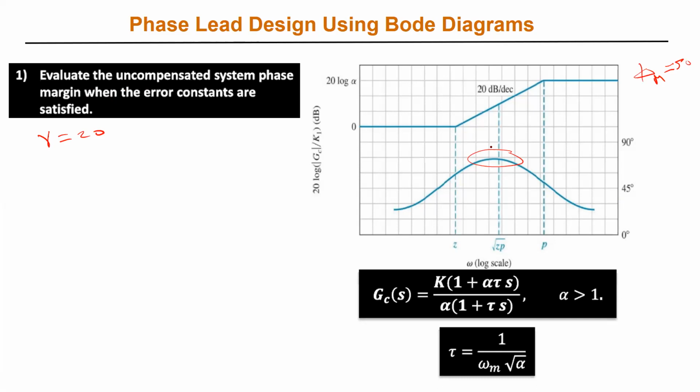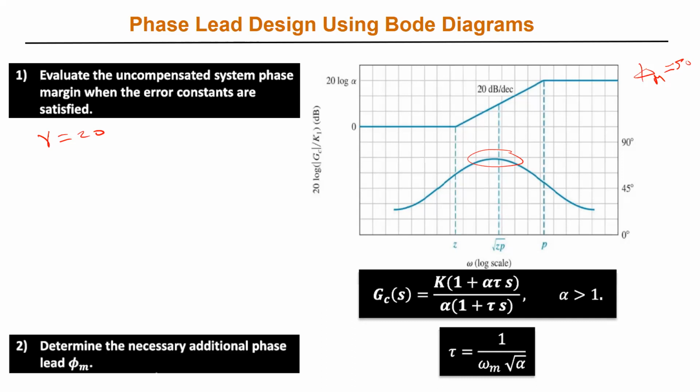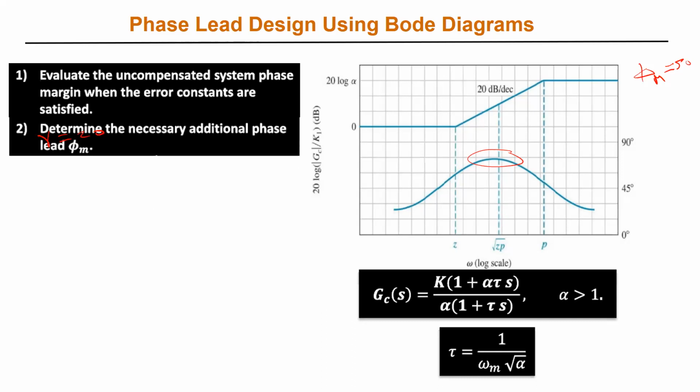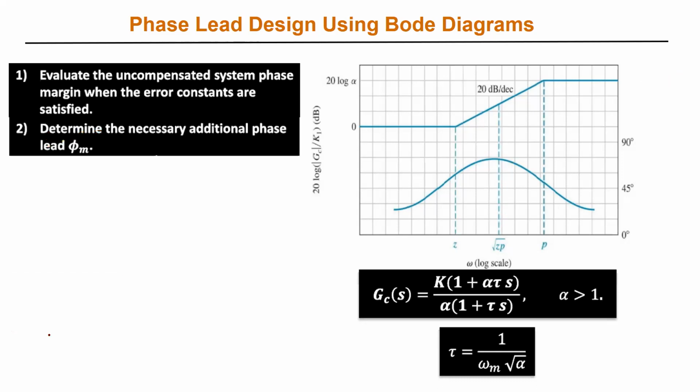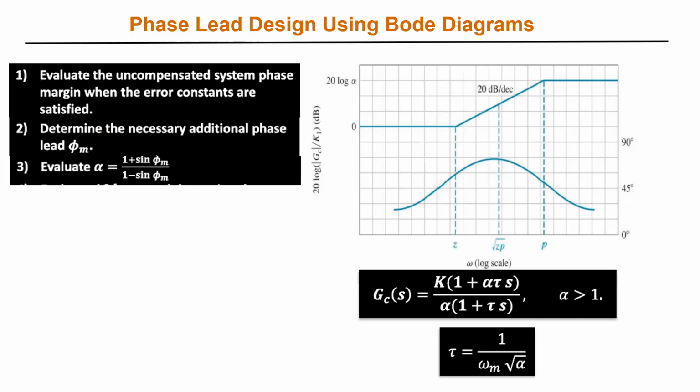But look, once I have the phase which I want, I can find alpha. Remember, in the design, I have to find alpha, tau, and k.